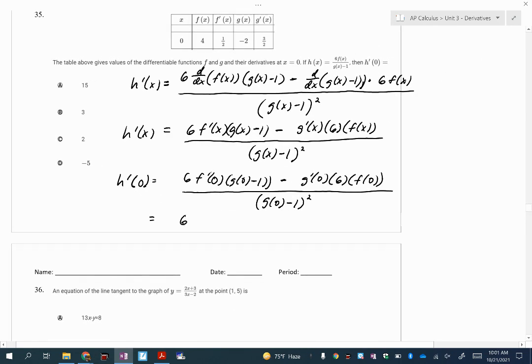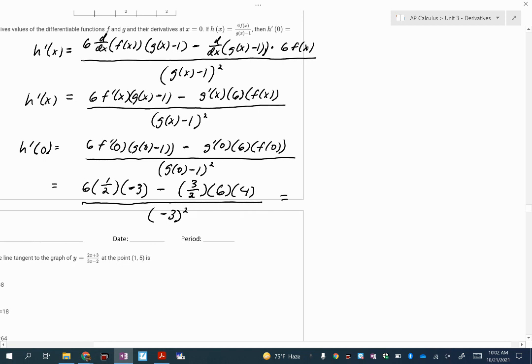I've got 6 times f prime of 0, which is 1/2, times g of 0, which is -2, minus 1, which is -3, minus g prime of 0, which is 3/2, times 6 times f of 0, which is 4. All of that is divided by g of 0, which is -2, minus 1, which is -3, squared.